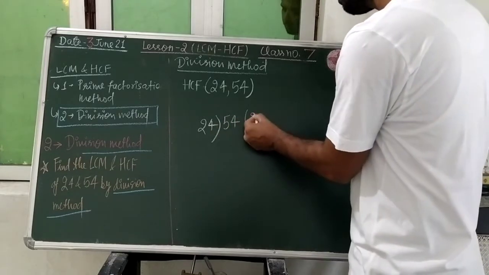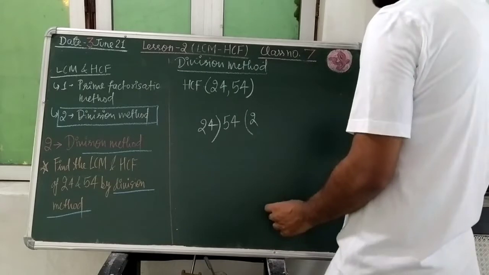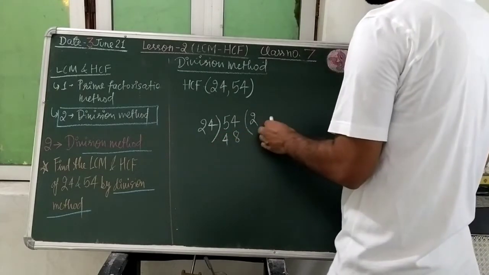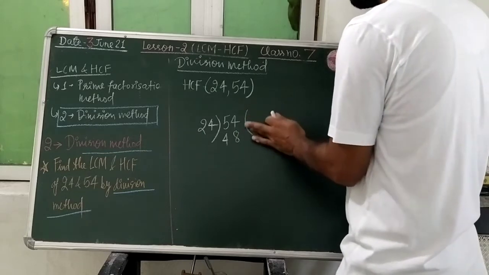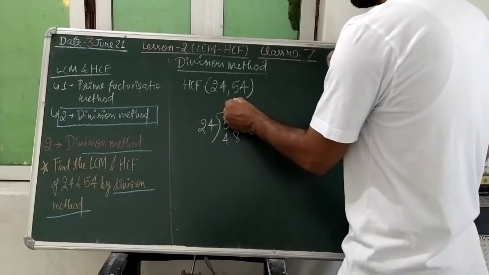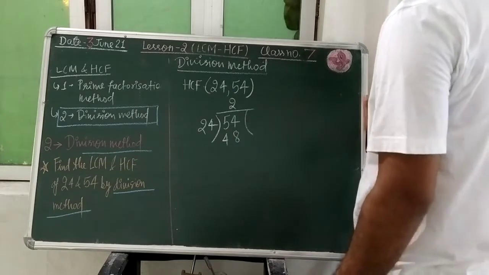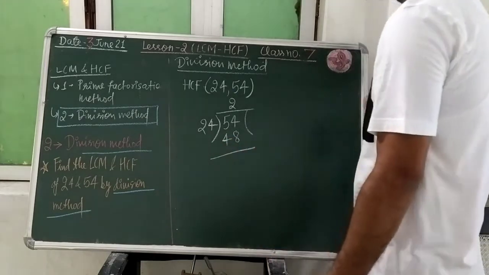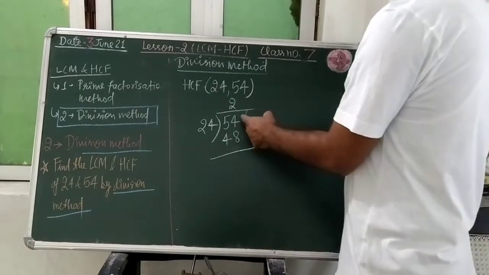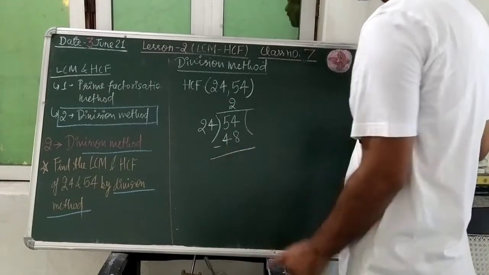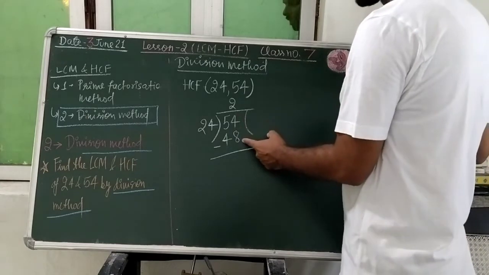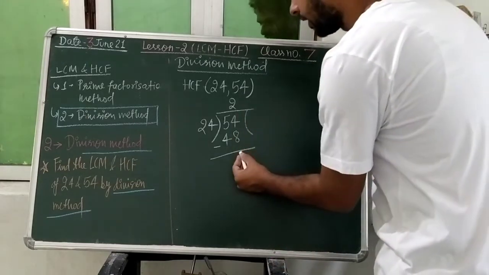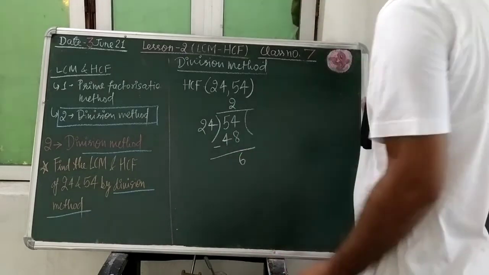So we go 2 times, and 24 2s are 48. After that, what will we do? We will subtract. When you subtract 48 from 54, what will you get? 14 minus 8 is 6.